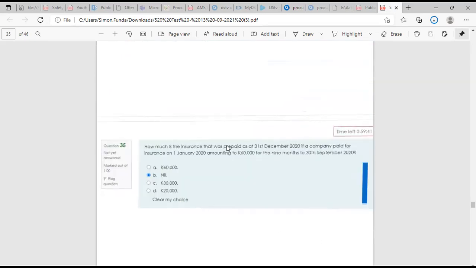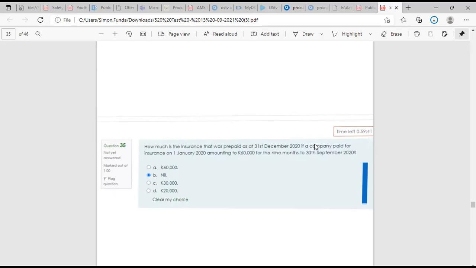How much is the insurance that was prepaid as at the 1st December? If a company paid for insurance on 1st January 2020, amounting to 60,000 for 9 months to 30 September.